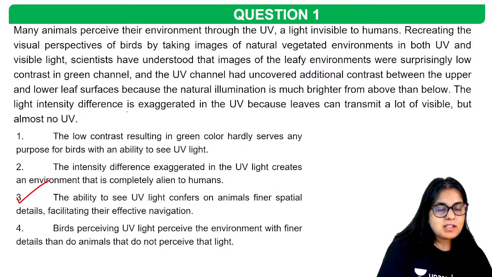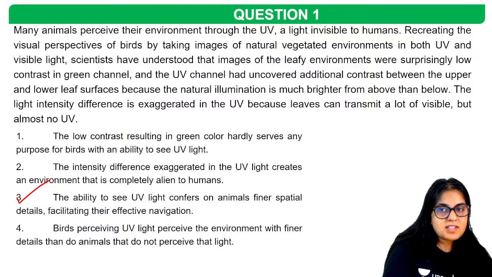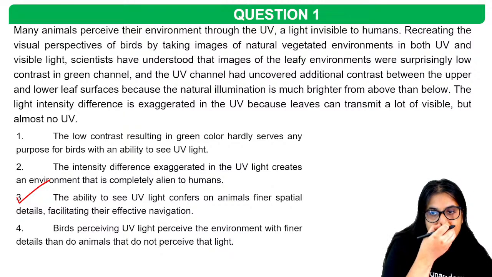The light intensity difference is exaggerated in the UV because leaves can transmit a lot of visible but almost no UV. The low contrast resulting in green color hardly serves any purpose for birds with an ability to see UV light. But guys, it's clearly given.